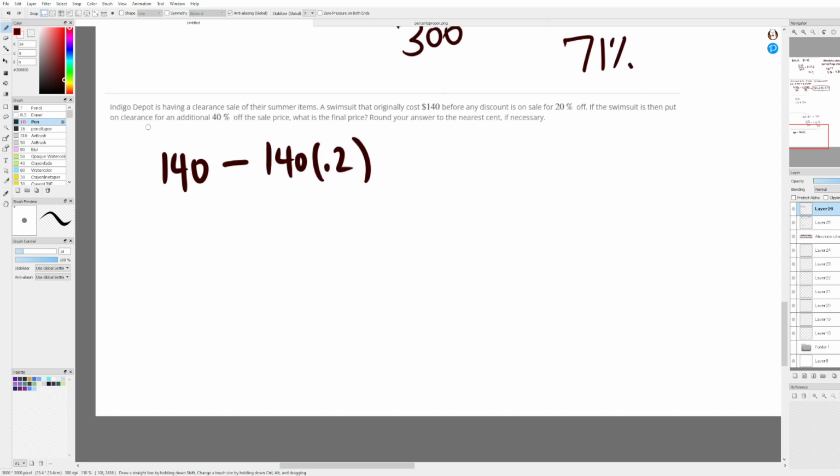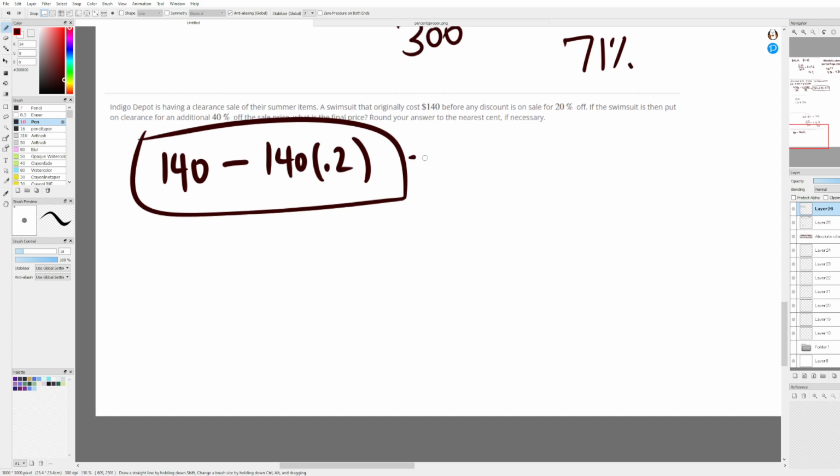And then once that happens, we'll call this X. We'll take X and we'll take a 40% discount off of X. So 0.4X. And this will give us our final price.